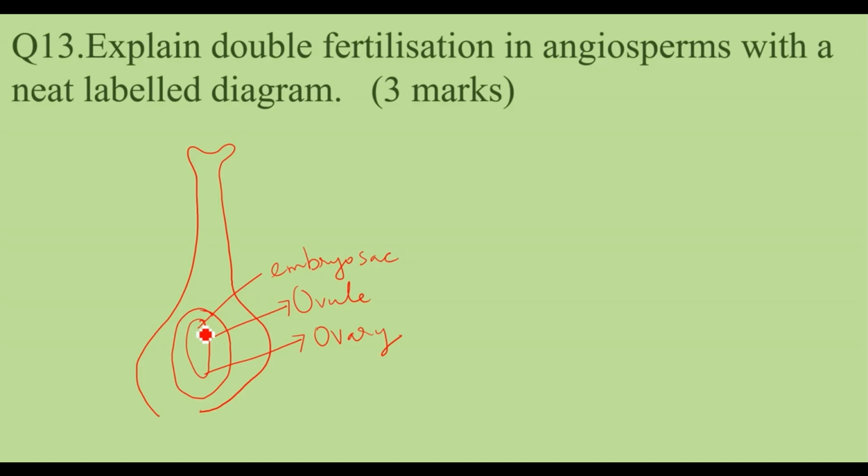An embryo sac has got 1, 2, 3 cells over here. That is called antipodal cells. There is a central cell here. And there are 3 cells at the micropylar end also, which is called the egg apparatus.